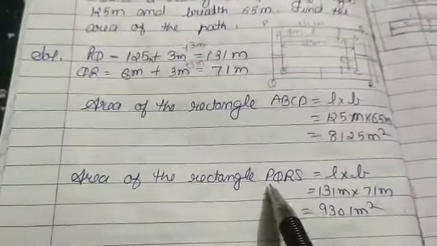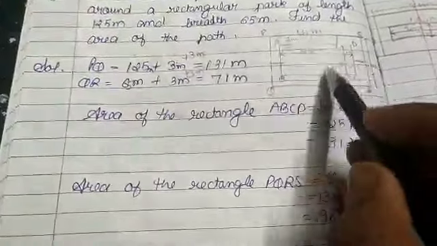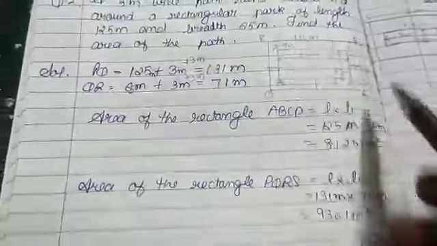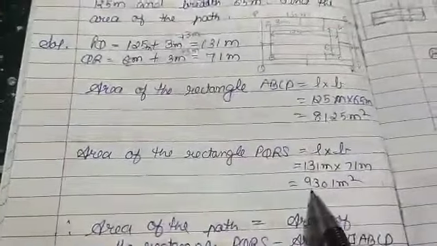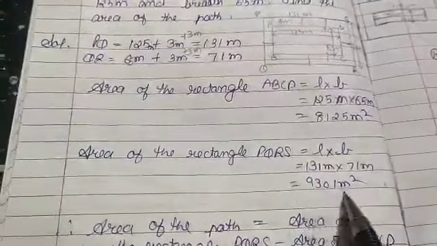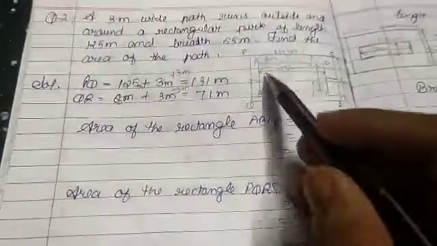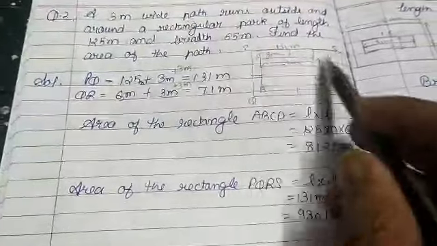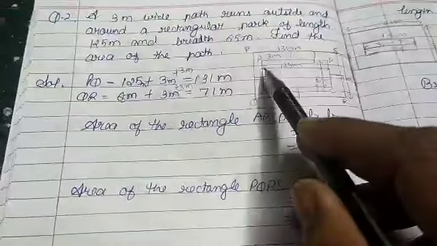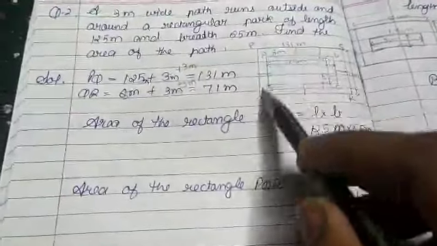Then the area of PQRS, that is the area of the park including the path, the length is 131 and the breadth is 71. When you multiply, you will get 9301 meter square. Now to find the area of the path, from the total area, that is PQRS, we will subtract the area of ABCD.